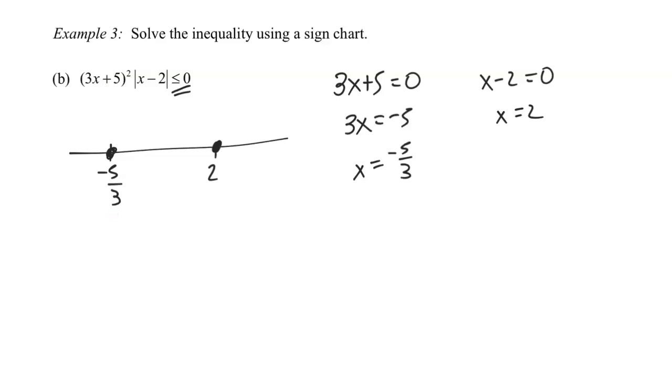It's going to be positive everywhere else. And so when we are looking for the intervals or the values of x, I should really say, where the function is either negative or 0, this function is never negative, but it is 0 at exactly 2 values of x. And so my answer here is going to be the set of two numbers, negative 5/3 and 2.